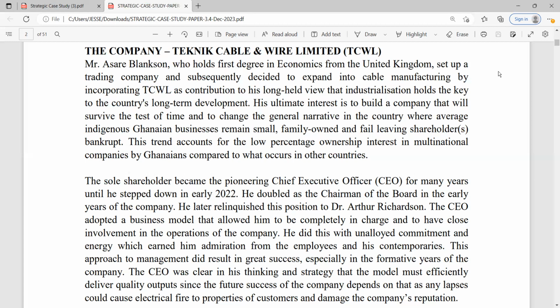You give another person the board chairman and one person the CEO, to keep each and every one accountable. He did this with unalloyed commitment and energy, which earned him admiration from the employees and his contemporaries. So he began to focus on the operations of the company, and this resulted in great success.